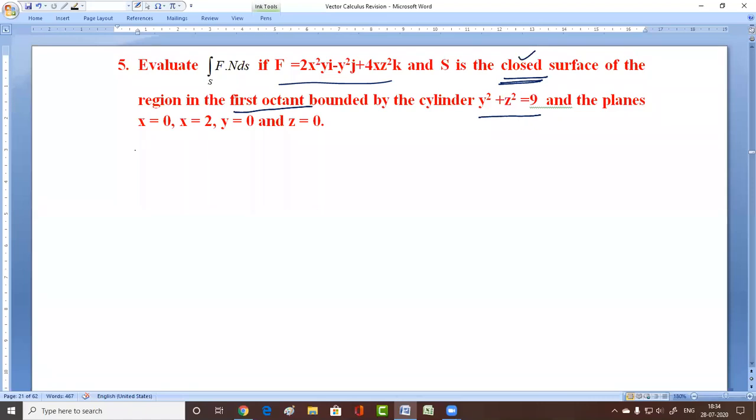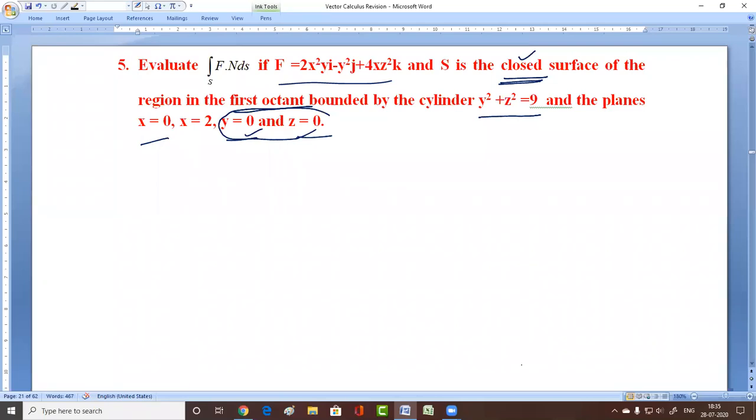So x is 0, y is 0, z is 0. These three are not required, because our surface is in the first octant, so these three are implied. Now what is the diagram?